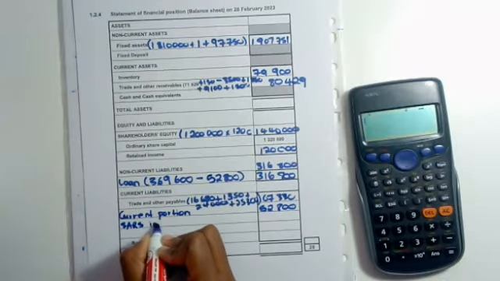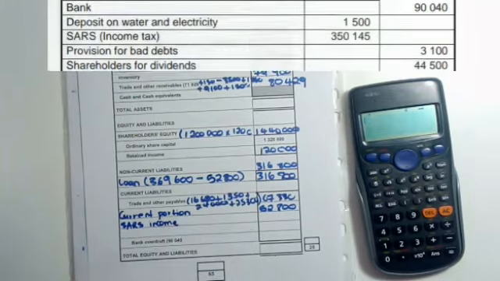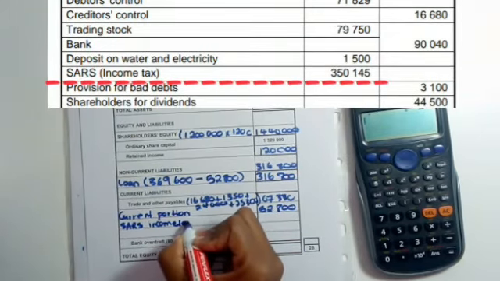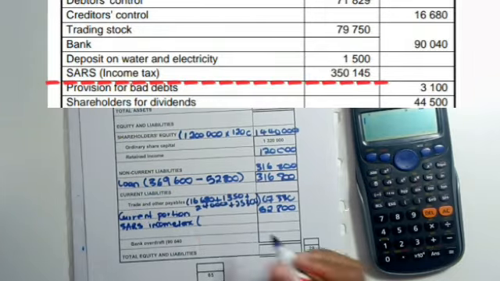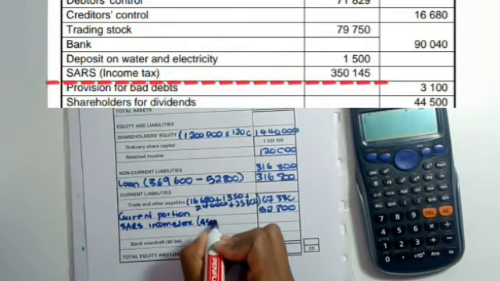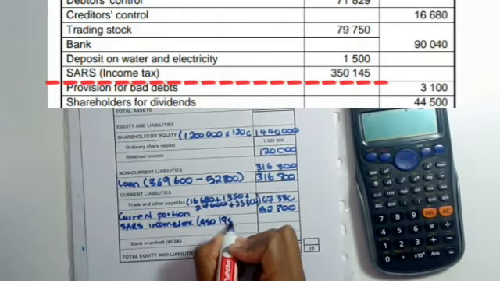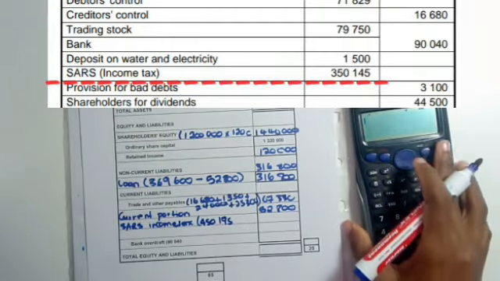SARS income tax, you are going to say that you have been paying some provisional taxes for the year, and you want to make sure that those provisional taxes that you paid for the year are actually what you were supposed to have been paying. Remember what you were supposed to pay for this financial year. We calculated it to be 450,195 when we were doing our statement of comprehensive income.